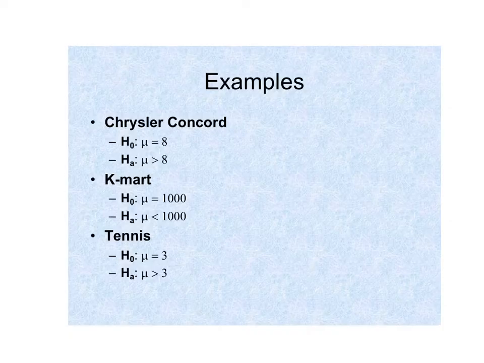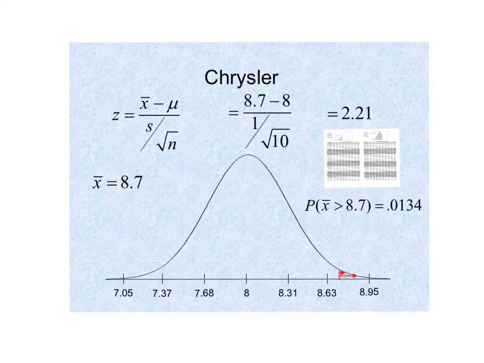And so just to check our answers, we have this slide to check ourselves to see if we made the correct hypotheses, right? Now, it did say to also draw a distribution and check the probability, right? So let's do a couple. Let's do the Chrysler one.